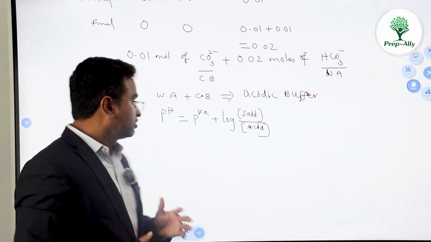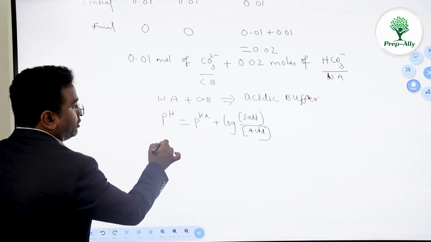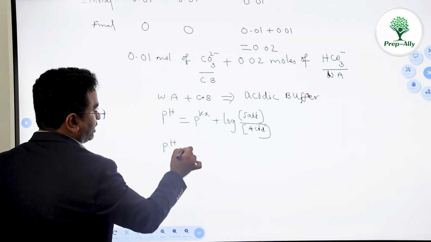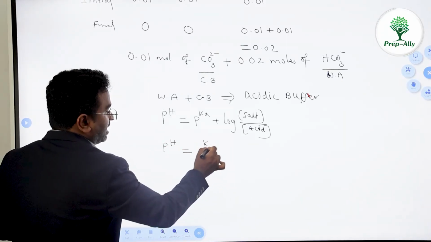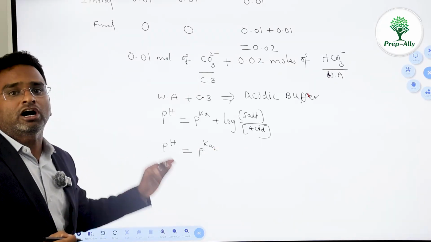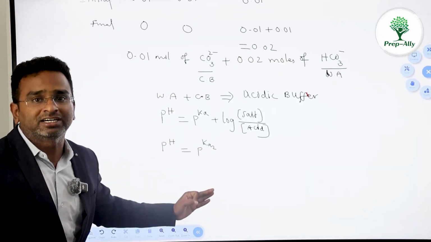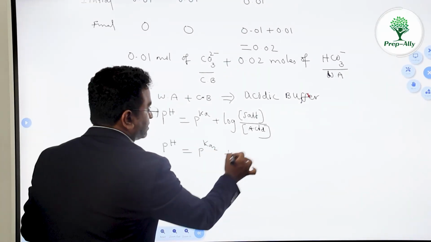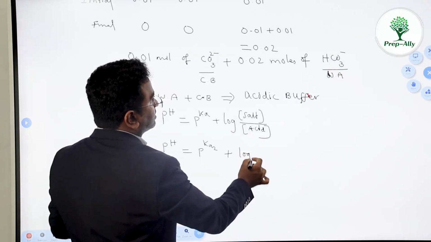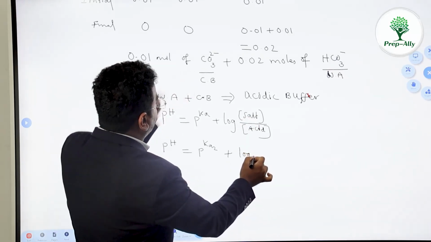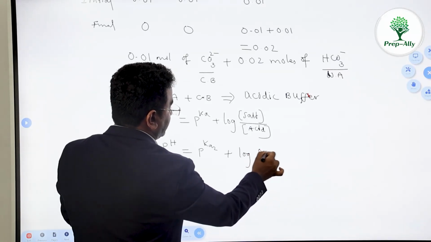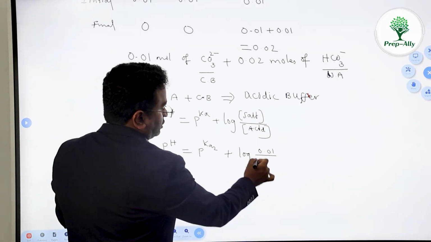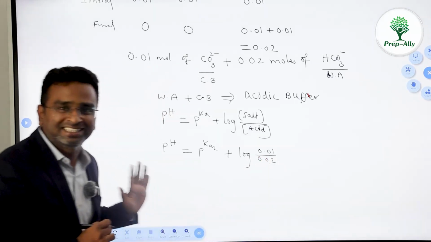That is the reason that when writing Henderson's equation, you have to substitute pH = pKa2 plus log of the salt, the conjugate base, which is 0.01 mole, divided by the weak acid bicarbonate, 0.02 moles.